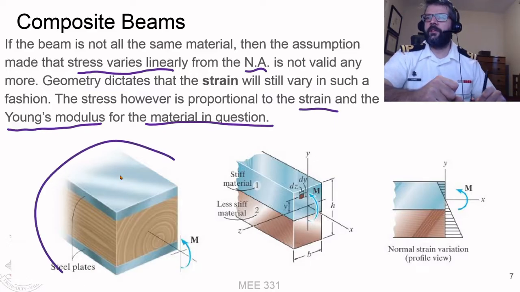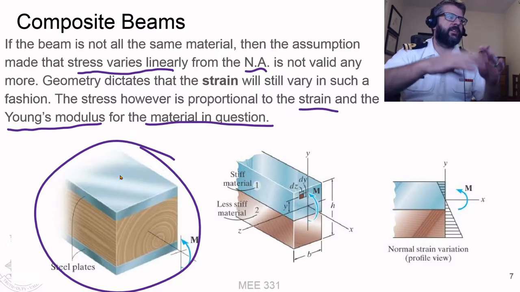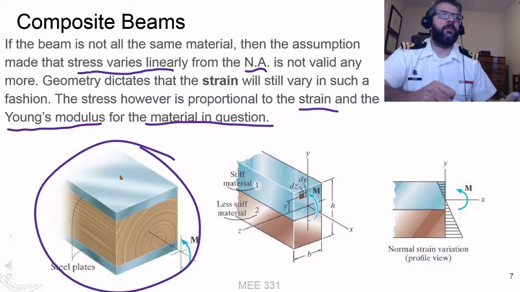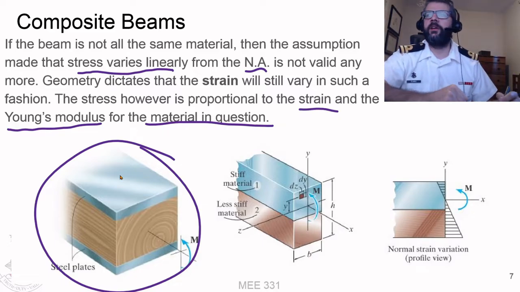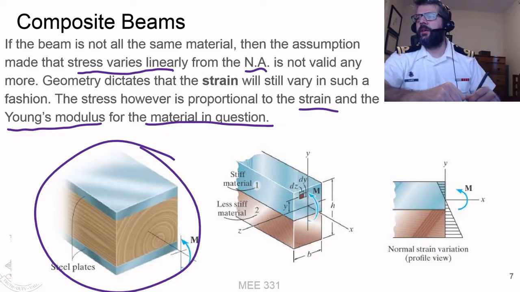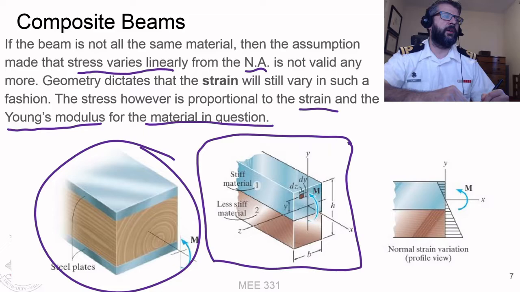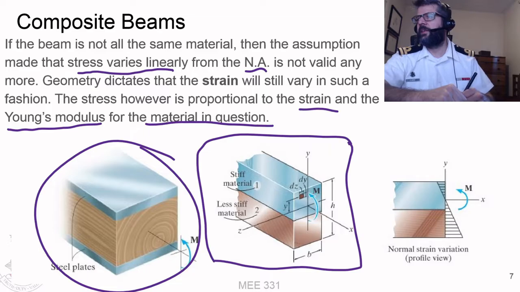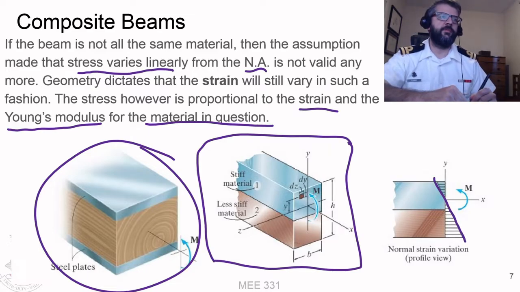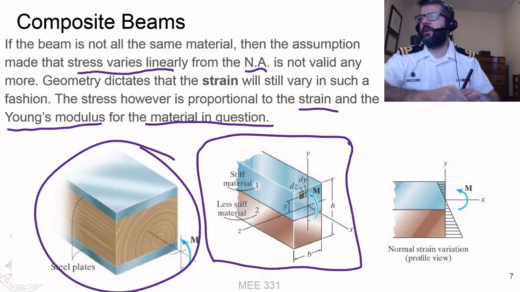So here's an example of one way we could do things. We could bind some steel plates to some wood in order to increase the bending resistance. In this example, we've got two materials: a stiffer material on the top and a less stiff material on the bottom. We still have a linear strain variation, so the strain is going to vary based upon how far up or down the place we're looking at is from the neutral axis.